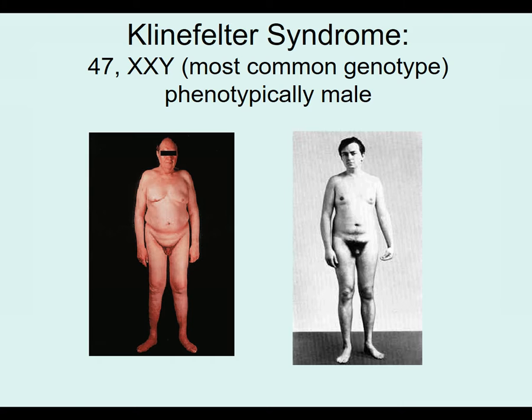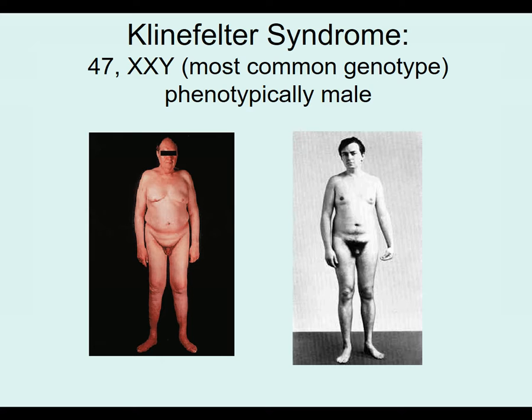Now, some evidence that this rule is correct is found in individuals who have aneuploidies, which means they have too many or too few chromosomes compared to what is considered normal. And this is an example called Klinefelter syndrome. It's a male with 47 chromosomes per cell, and the sex chromosome makeup is XXY.